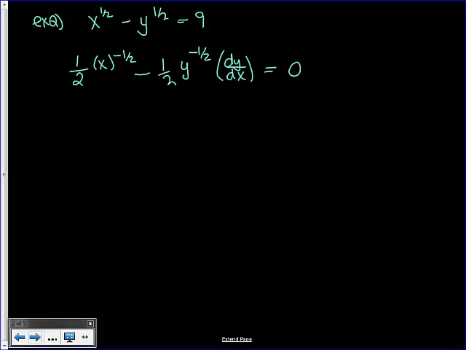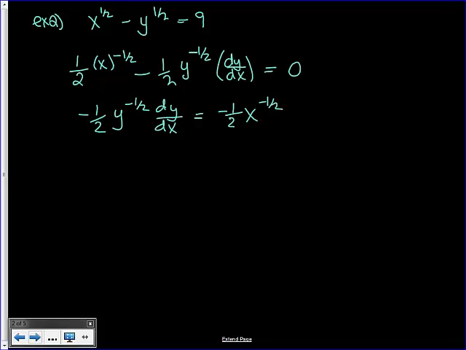Move everything over, so I've got negative 1/2 y to the negative 1/2 dy/dx equals negative 1/2 times x to the negative 1/2.